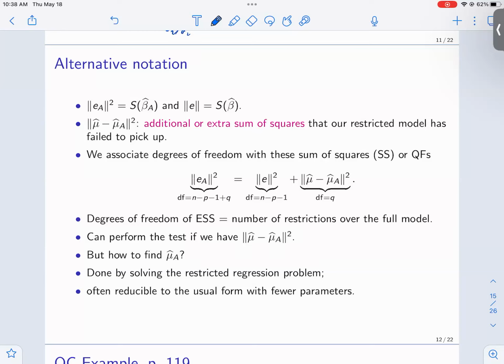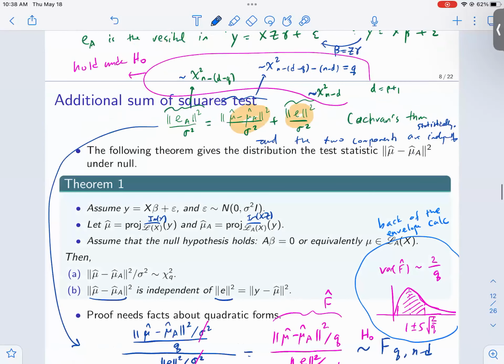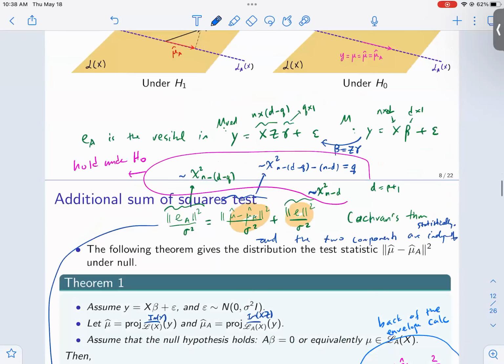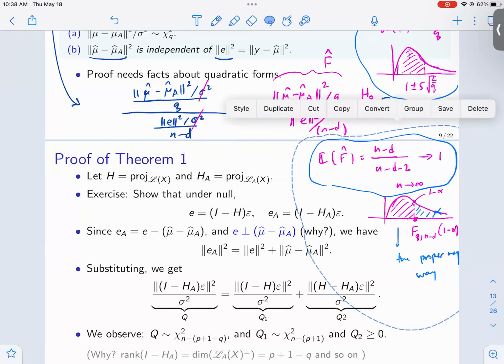So that's fine. You can perform the test if you have the reduced sum of squares. So if you go back up, the way I usually like to do this is, let me take this out.